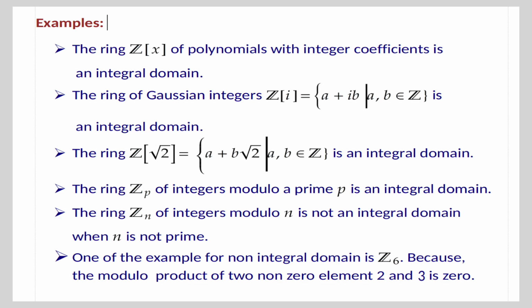The ring Zp of integers modulo a prime p is an integral domain. The ring Zn of integers modulo n is not an integral domain when n is not prime. One example of a non-integral domain is Z6 under addition and multiplication modulo 6, because the modulo product of two non-zero elements 2 and 3 is 0.